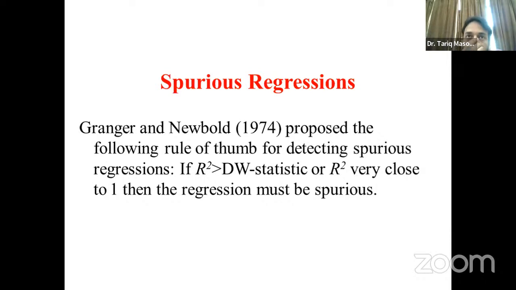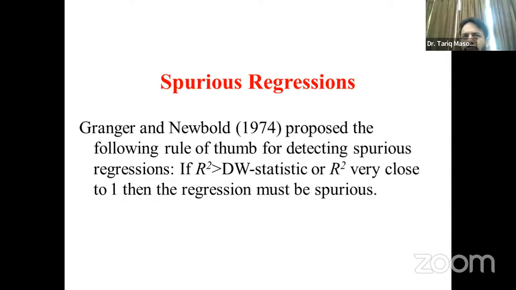You may get very good-looking results after doing all the estimation and hypothesis testing, and then wrongly conclude that there is a significant relation between y and x, or between dependent and independent variables, but that may be due to the presence of non-stationarity, due to the presence of a unit root.